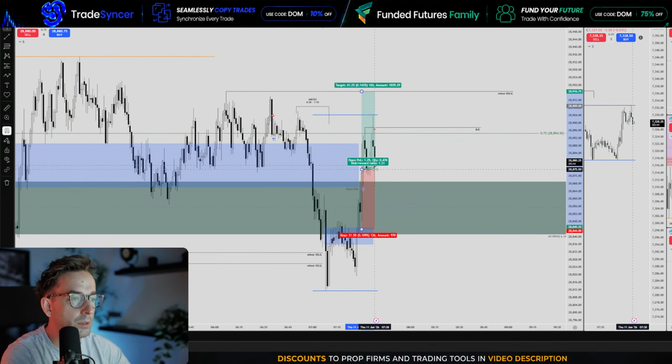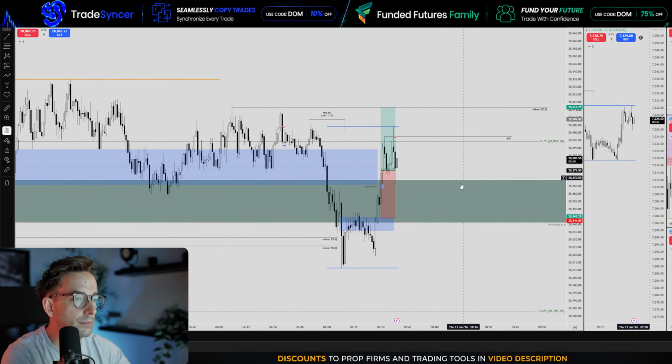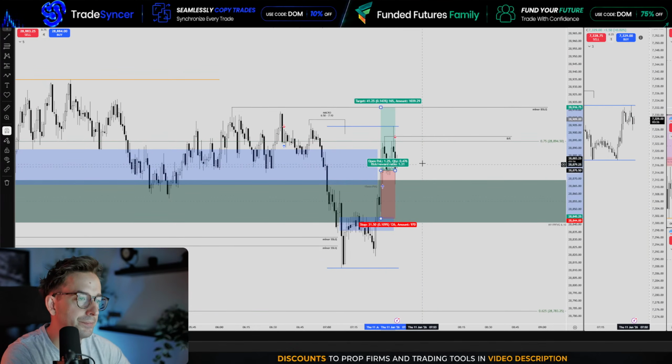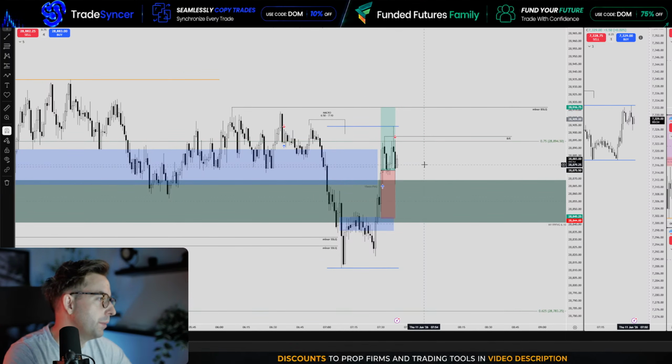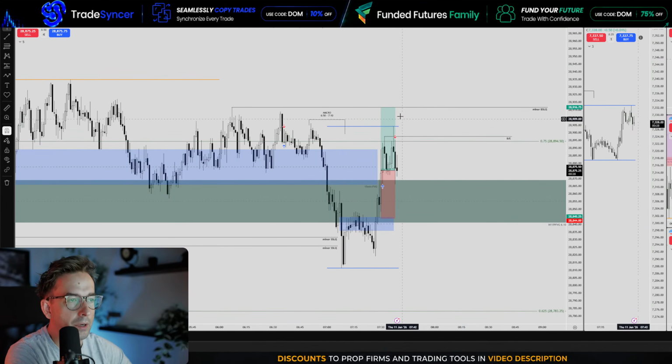This little trade here didn't work out. Did I choke my trade? Maybe. But I'm okay with the management there. If price truly wanted to get here, I would have just rocketed after grabbing this high here, using this as jet fuel.